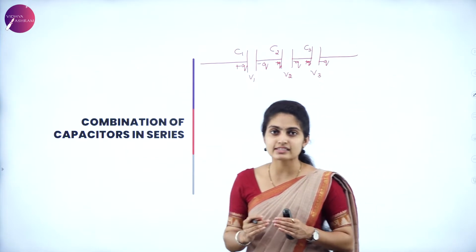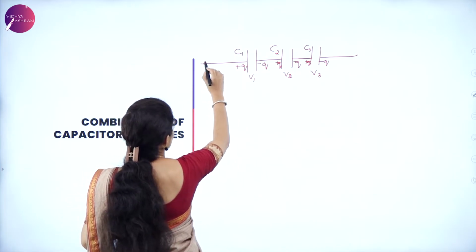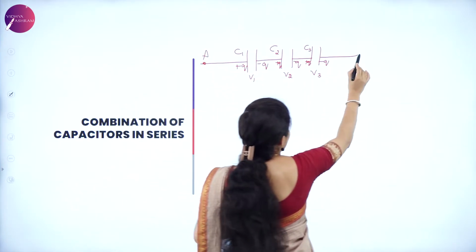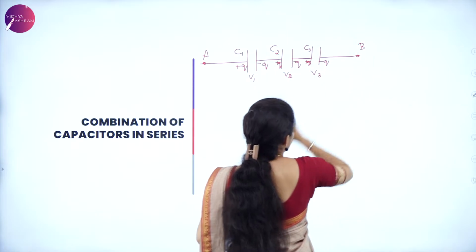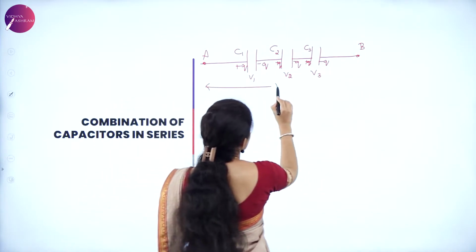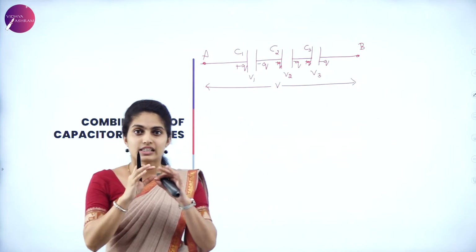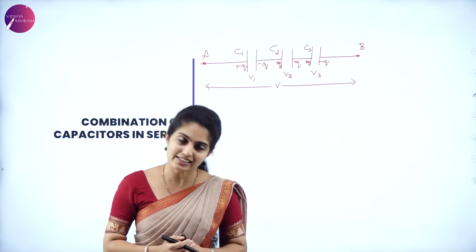These capacitors lie between point A and point B, and the overall potential is given as V. This is the total potential of this experimental setup.